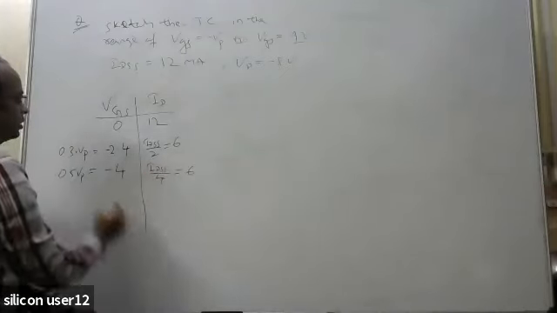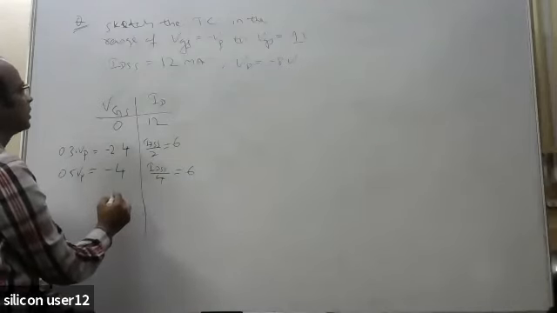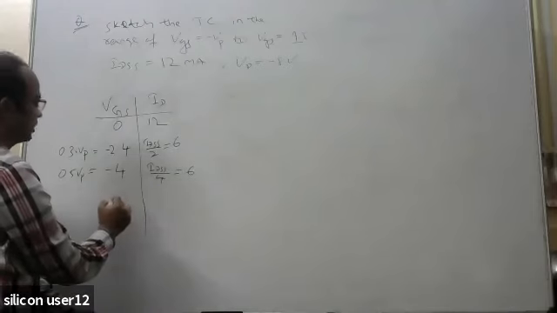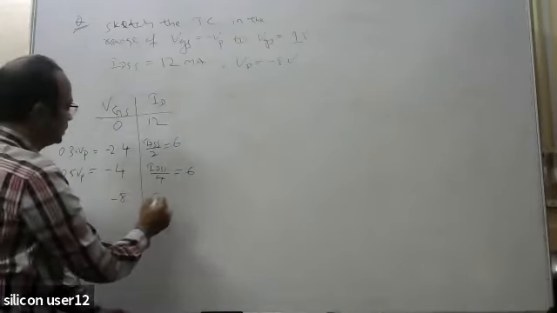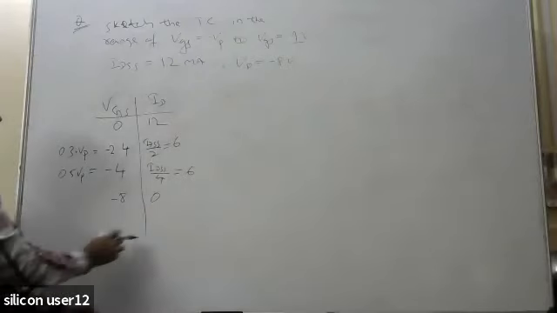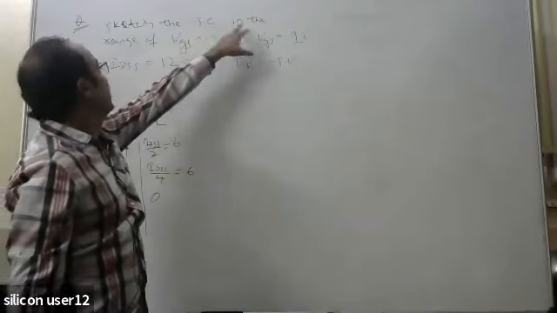And next one, this reading how much I will take? Yes, here we will take -8. -8, and here ID will be equal to 0.